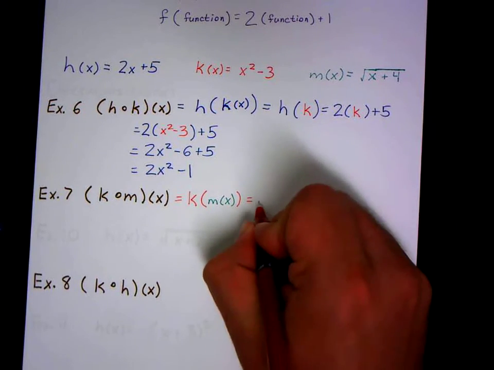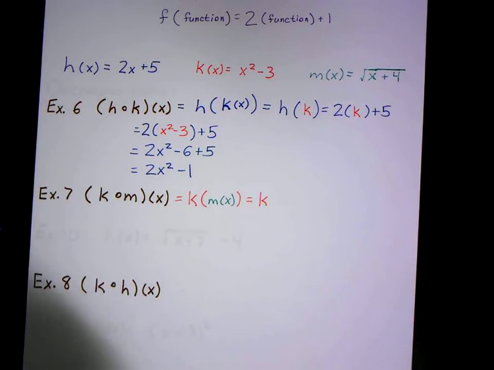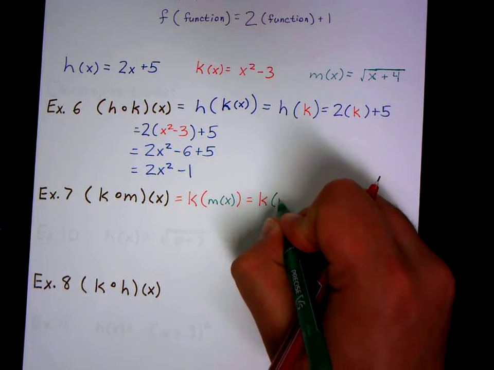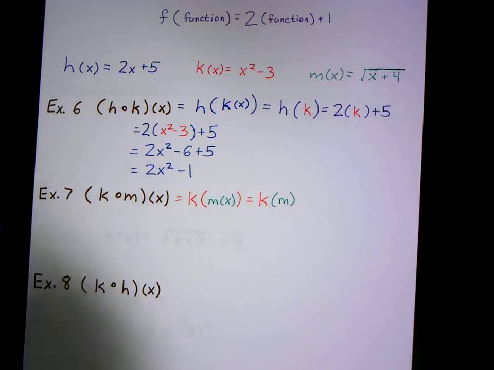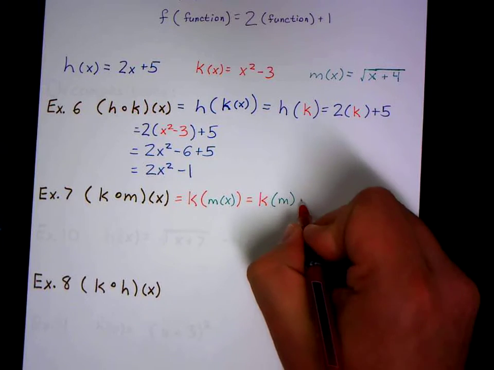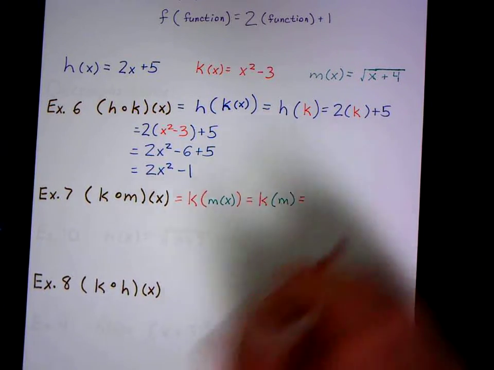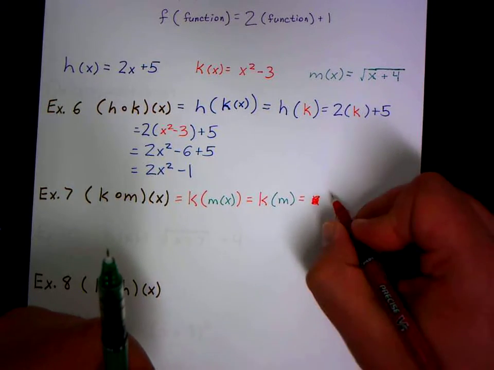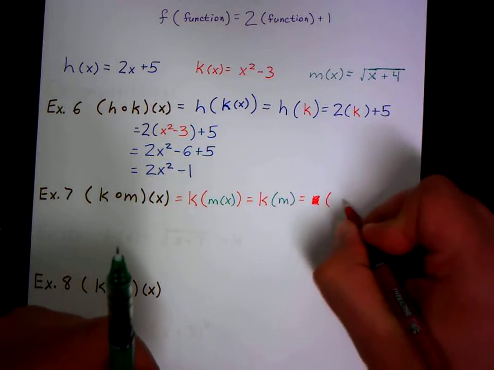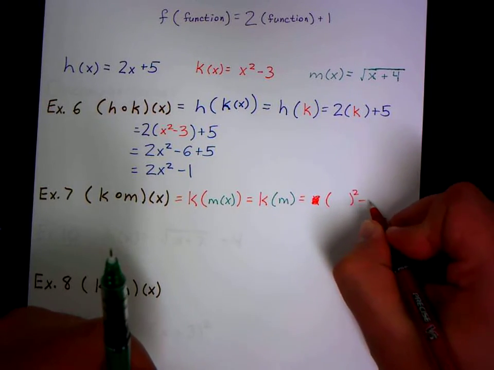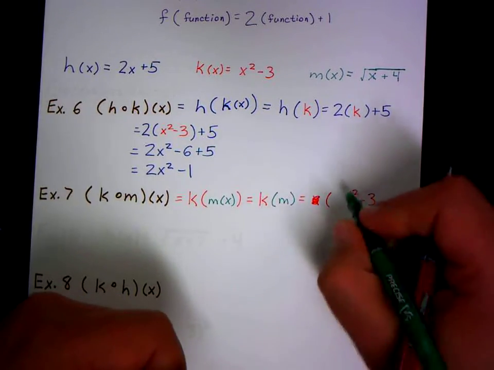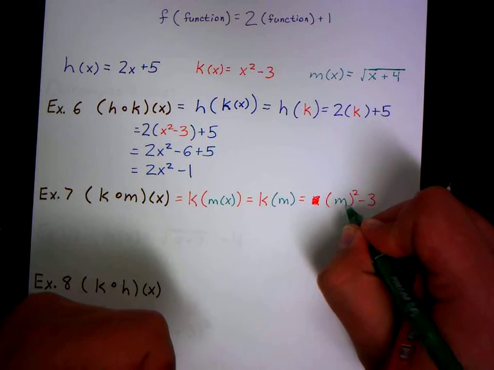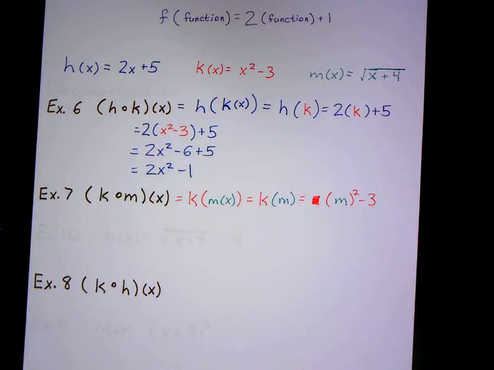Alright, so this one means I take k, and I put an m in where x is. Okay, I've already messed up, sorry. So k is x squared minus 3. I take out the x and I put m in its place.